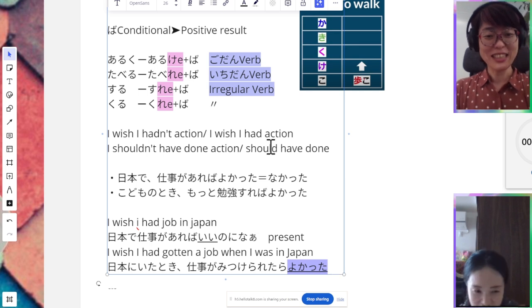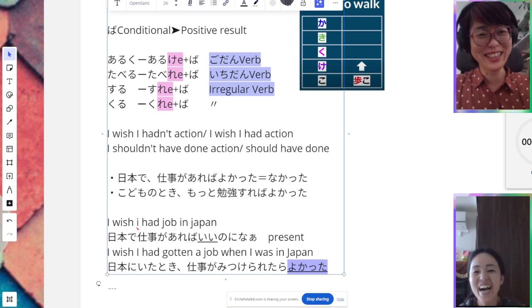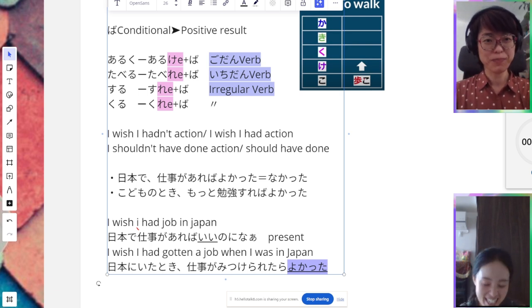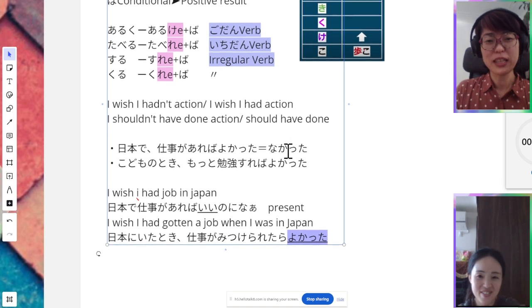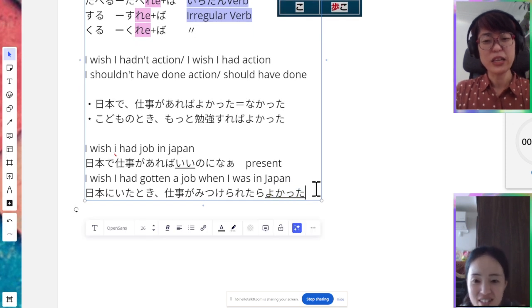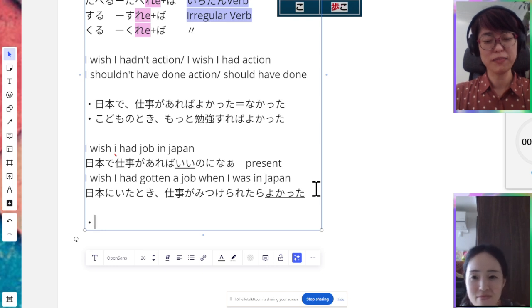That's it. Okay, so everybody, what are you wishing? You didn't do it, or you did it in the past. What do you wish? 何を wish しますか? Okay, 何々ばよかった. If you wish for something you didn't do. ゆきこ先生, 何々ばよかった.